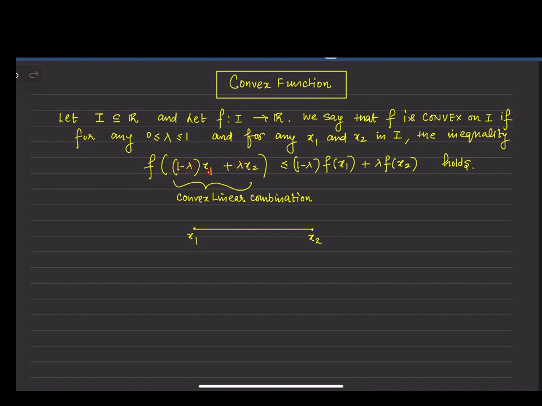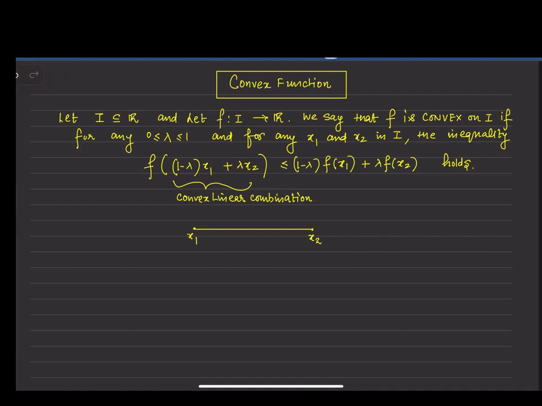So I'll be left with (x1 plus x2) by 2, arriving at the midpoint. If I put lambda equals 1 by 3, this would be 2 by 3 into x1 plus 1 by 3 into x2. So I will be somewhere near x1 because the weight on x1 is 2 by 3 in this case. So this is a way to traverse the whole line segment, including points x1 and x2.